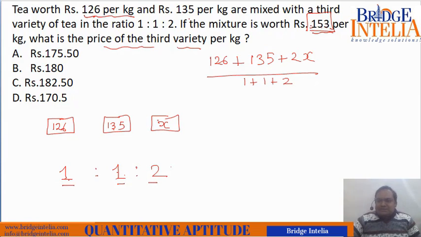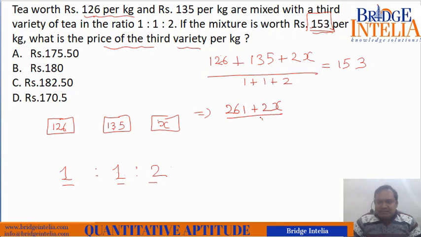When you solve this, the answer should be equal to 153. So 126 plus 135 is 261, plus 2x, divided by 4, is equal to 153.